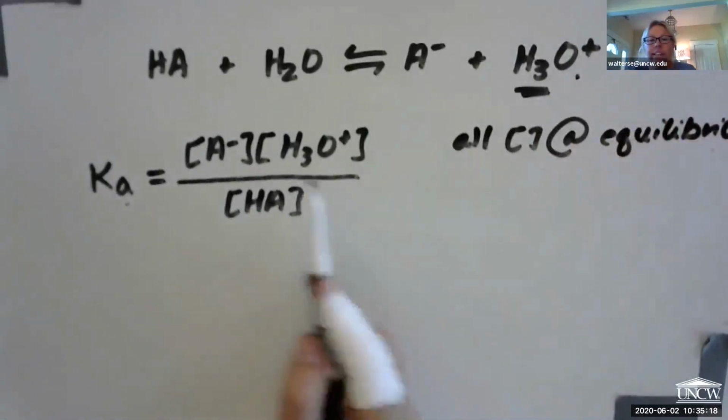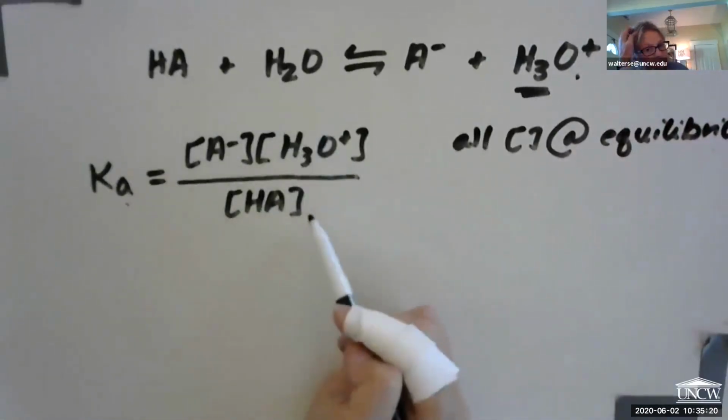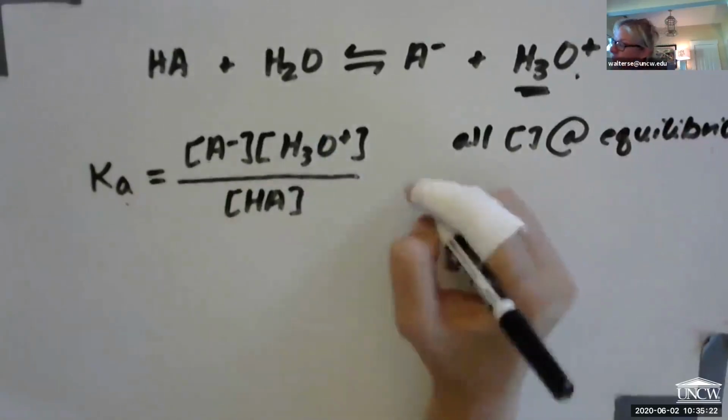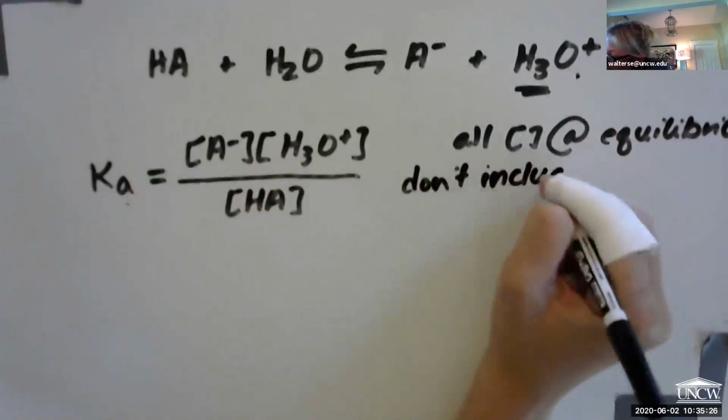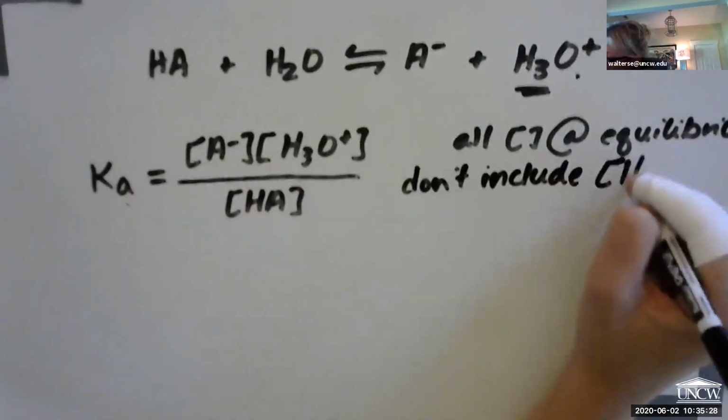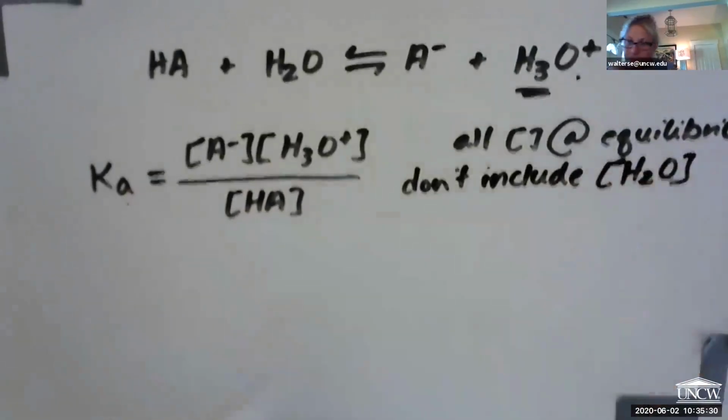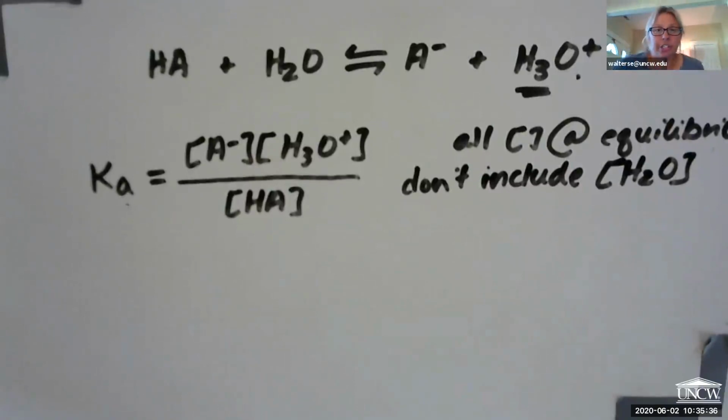Okay, now if you look at this, the water concentration is never in Ka. In an equilibrium expression, you never include the concentration of solids or pure solvents. Okay.